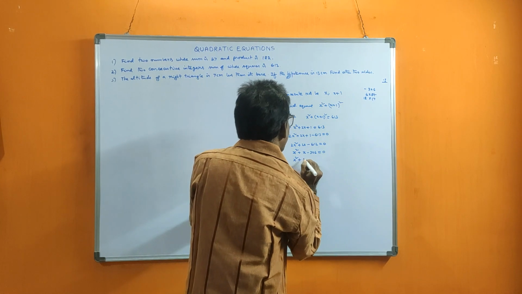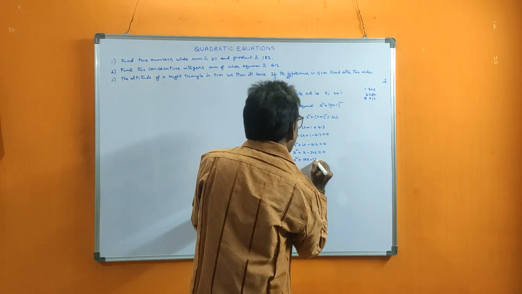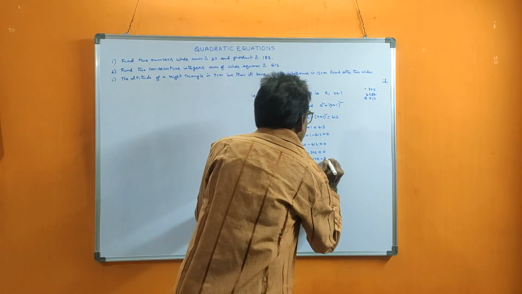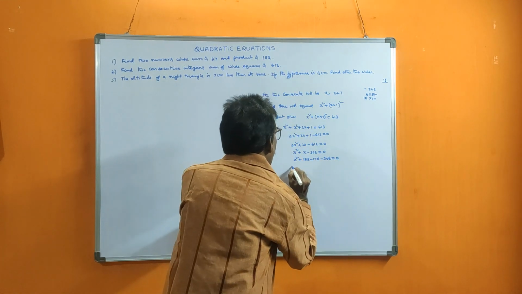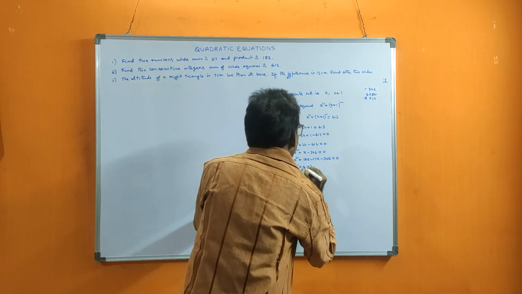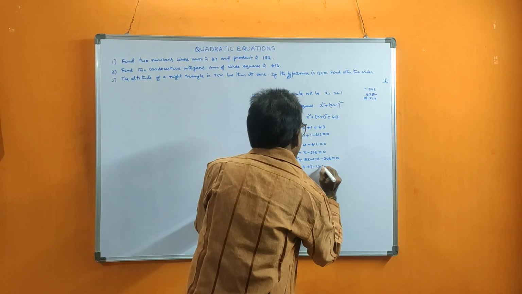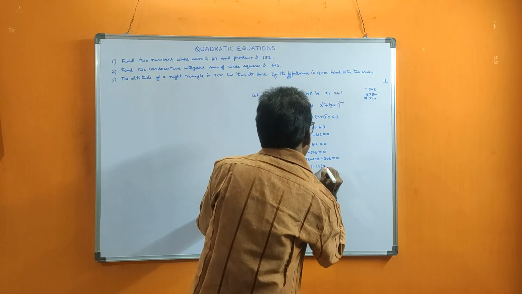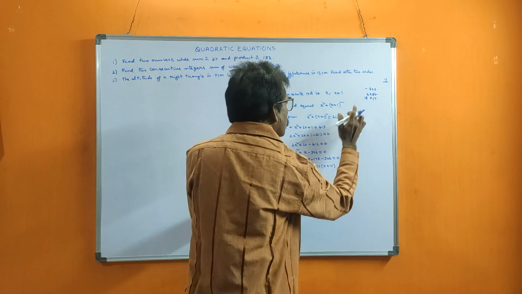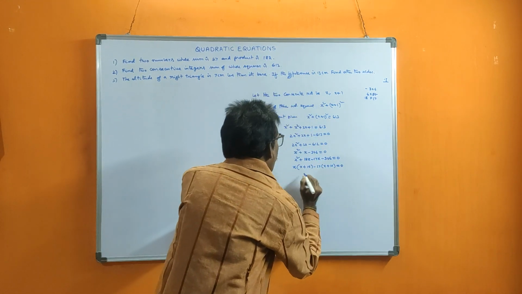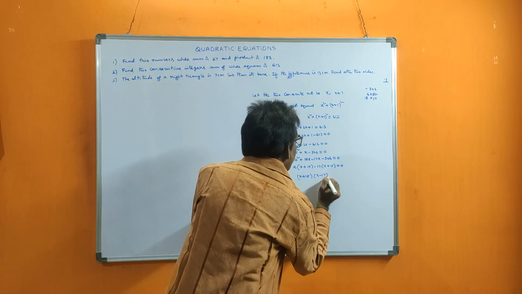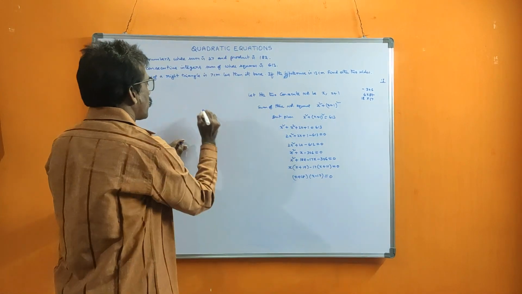Now 18 is the bigger number, so for plus write 18, for minus write 17. See here plus 1 only. So x square plus 18x minus 17x minus 306 is equal to 0. Now x common, x plus 18. Here minus 17 common. Here x plus 18 is common, x minus 17 is the other. So the product is 0.